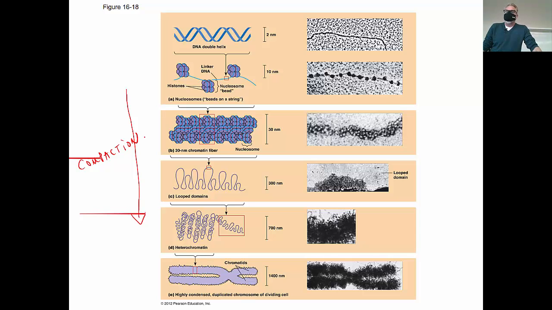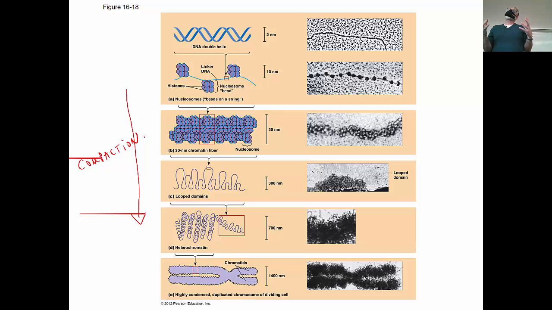And this then allows the DNA to fit into the nucleus. Okay. So it's an organized, hierarchical folding, starting with the nucleosomes, the beads on a string, and then getting more and more compacted. And you'll look more at the structure of that in 230. I just want you to know that it gets compacted.